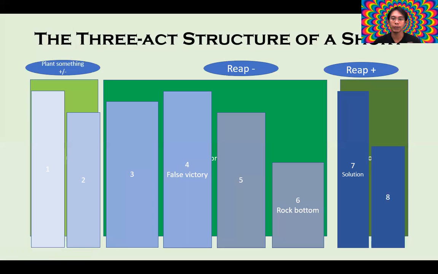It's the logical consequence of what has been planted. And if the main character eventually wins or gets lucky or reaches a resolution, it's also because of something that you have planned ahead of time. So nothing comes all of a sudden.